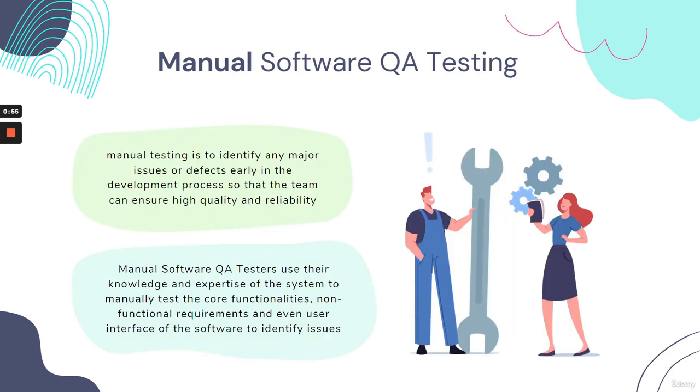Manual testing is used to identify any major issues, bugs, or defects early in the development process so that the team can ensure high quality and reliability of the software system. Manual software QA testers use their knowledge and expertise of the system to manually test the core functionalities, non-functional requirements, and even user interface of the software to identify issues.